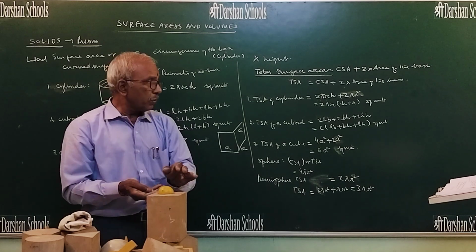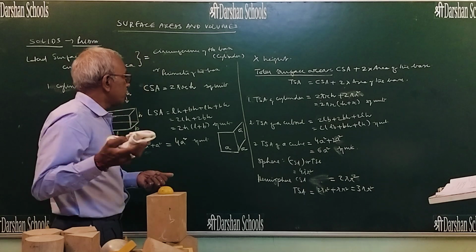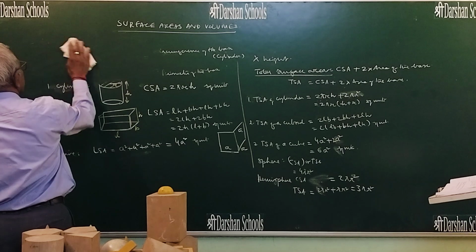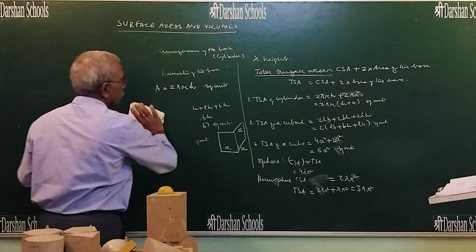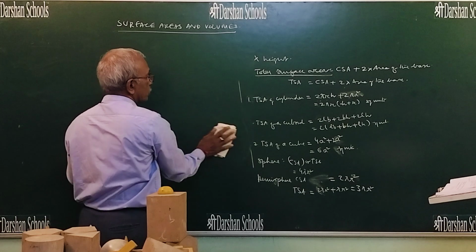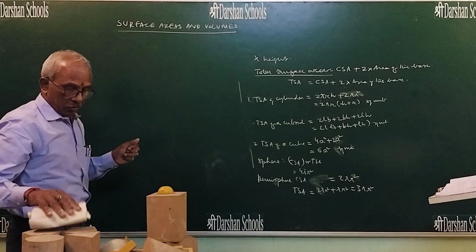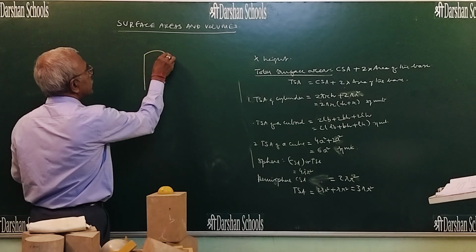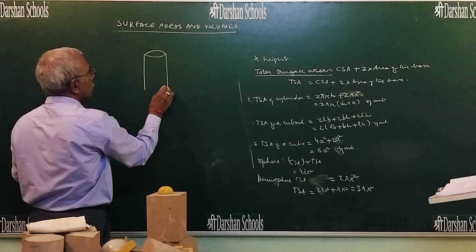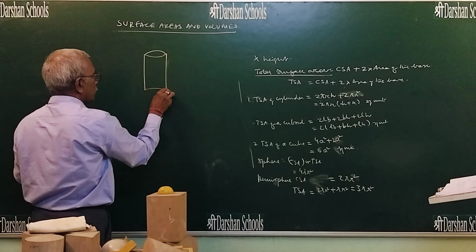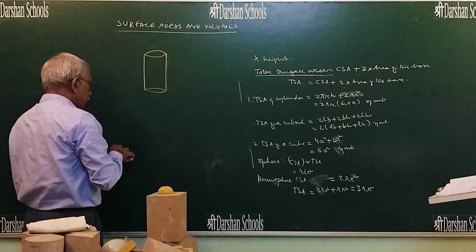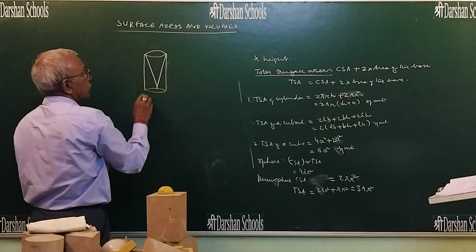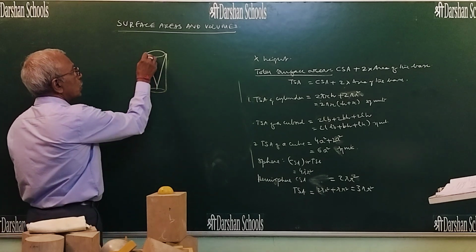Cone, I did not tell you. Let me complete the cone also. For a cone, this is a cone. Now if I take this as a cylinder, a cylinder can be cut into 3 cones of equal volume. So this is a cone.